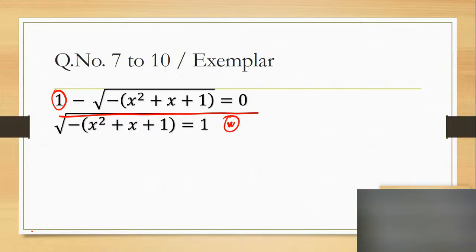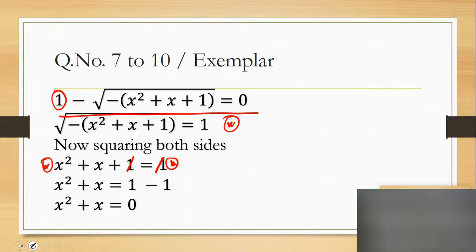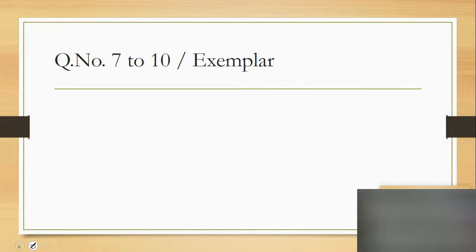Now squaring both sides, then in the left hand side we have x square plus x plus 1 equal to 1. This one cancelled out, then we take x as the common, then we get x into x plus 1.